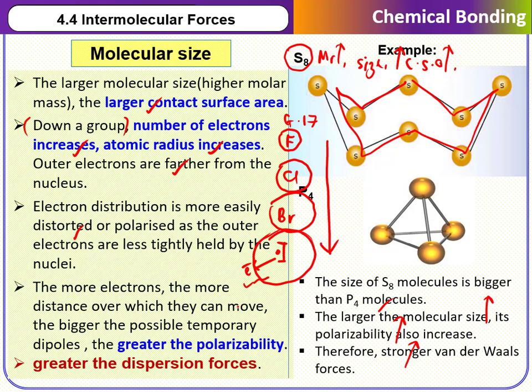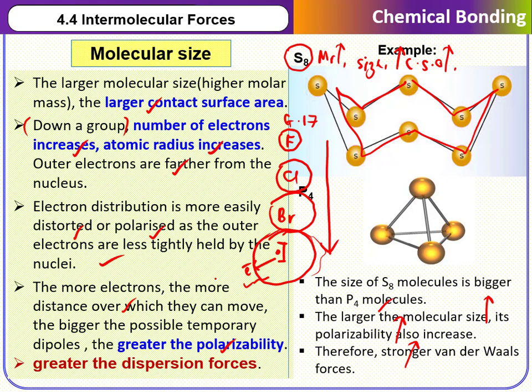Right. Weaker attraction. Or it is said to be easier to be polarized as the outer electrons are less tightly held by the nuclei. The more electrons, the more distance over which they can move. The bigger the possibility to be polarized. The greater polarizability lah tu.